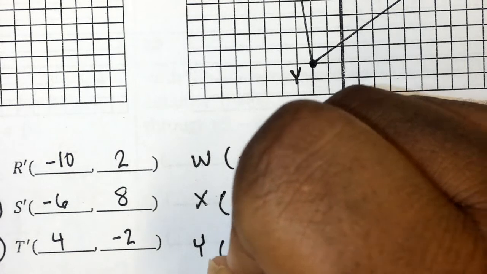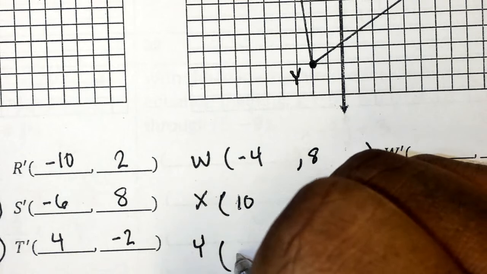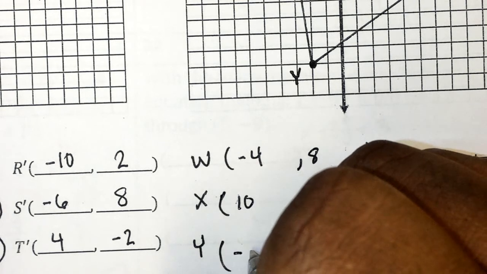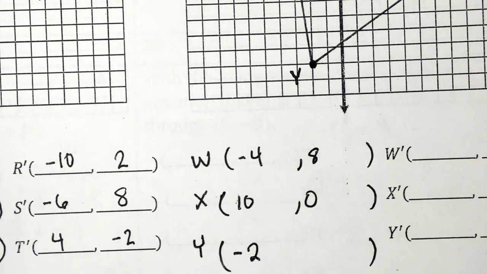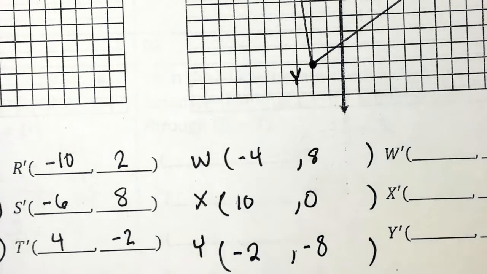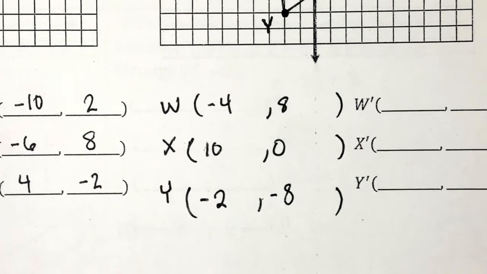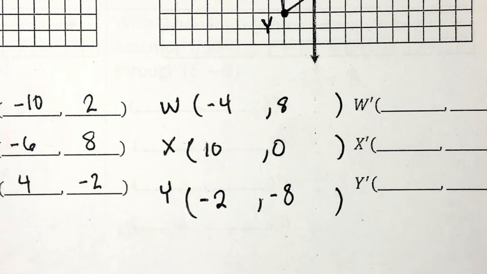Y is at 10, leave some space, 0. Stop trying to correct me. Alright. Instead of saying X is the 10 point, you said Y. Well, I wrote the right thing, so we'll roll with that.